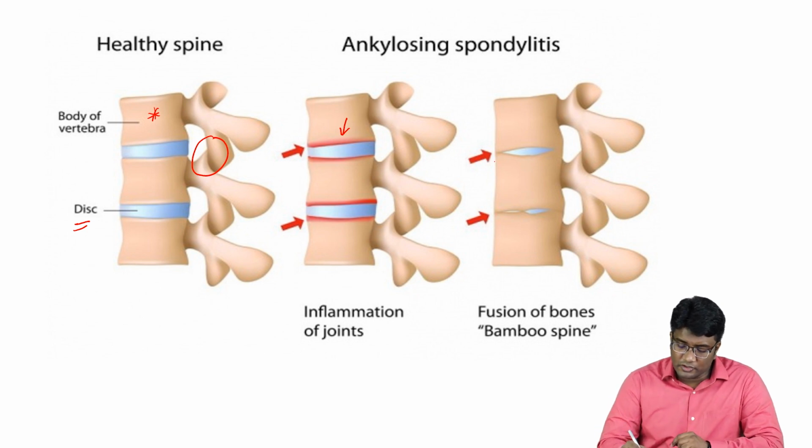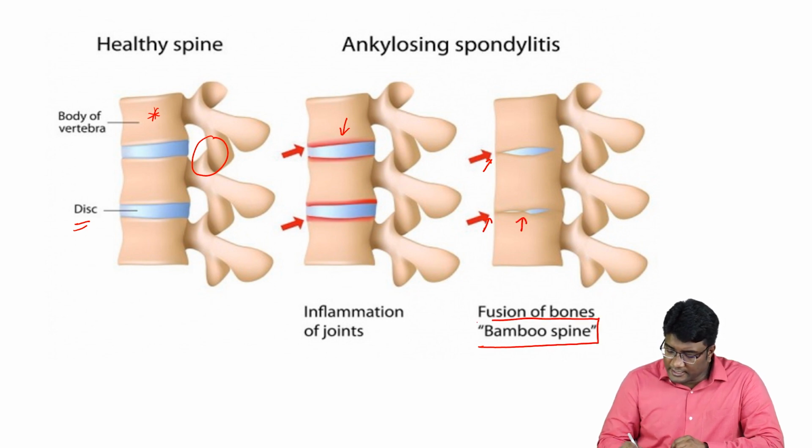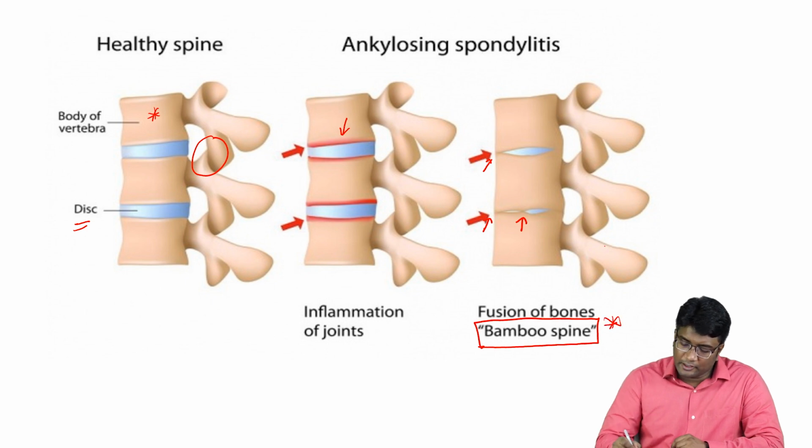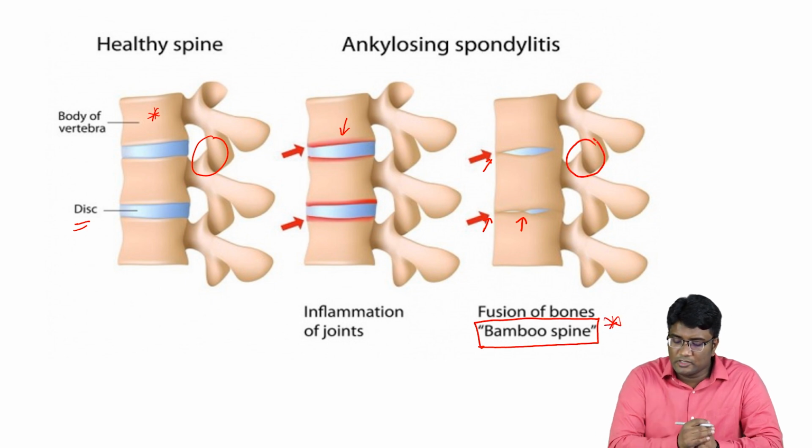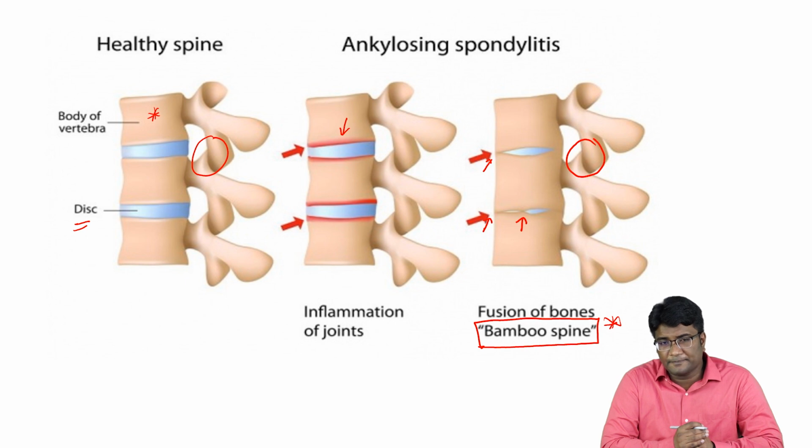There is also fusion of the bones, right? There is decrease in intervertebral disc space, fusion of the bones, and a classic finding called bamboo spine. And also there will be fusion or ankylosis of the apophyseal joints. What is the earliest joint involved in ankylosing spondylitis? I hope you remember the earliest joint involved is the sacroiliac joint.